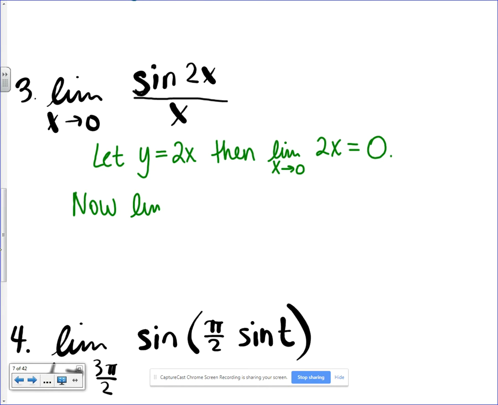Now I have the limit as y approaches that 0 that we just got. Now here's where it gets a little bit tricky. Does everybody agree that the numerator is sine of y? Right? If I let y equal 2x, now that's sine of y up there, agreed? My problem is I still have an x in the denominator, don't I? I don't want x's anymore, do I? I want them to be y's.